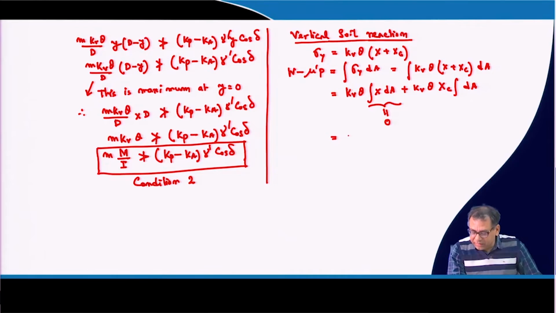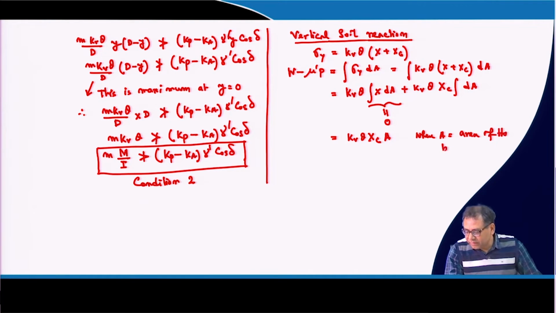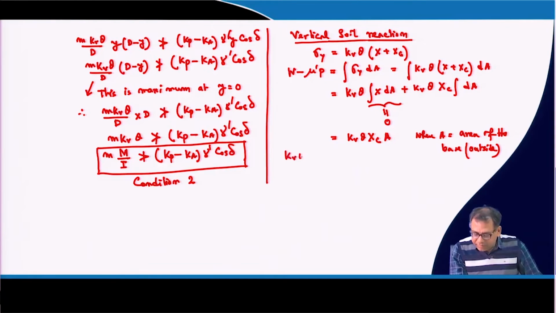Then this will be simply Kv theta xc, and integration dA will be equal to A, the total area of the base, where A is the area of the base. So, I can write that Kv theta xc will be equal to W minus mu dash p divided by A.